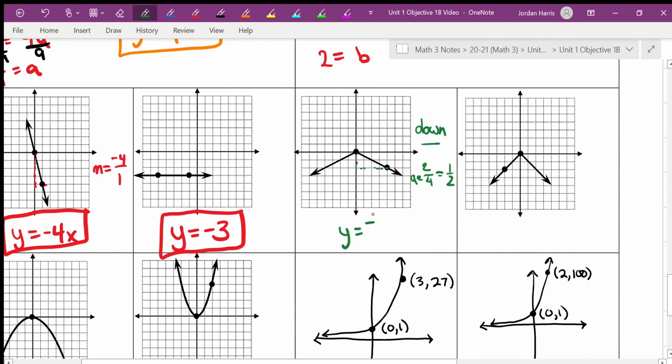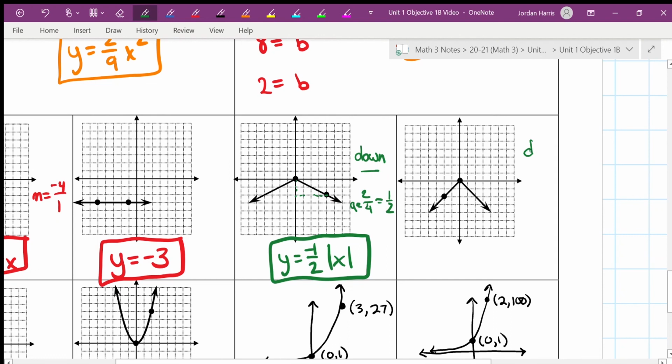Y equals negative 1/2 absolute value of x. It's going down. Got to be negative. Same thing here. It's going down, so it's going to be negative. And we just count. 1, 2, 1, 2. So a equals 2 over 2, which is 1. So y equals negative 1 absolute value of x. Or you could have just written negative absolute value of x. Same thing.